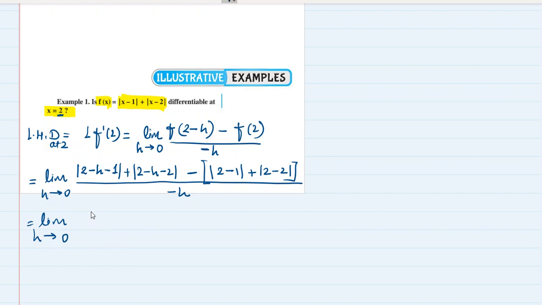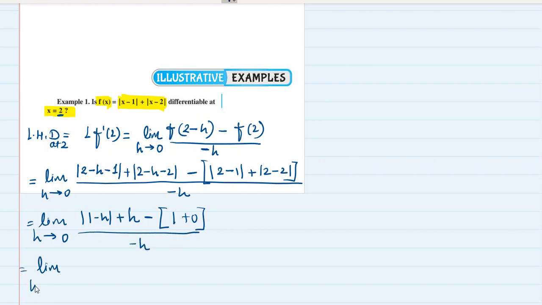Okay, this will become 2 minus 1, that is 1, mod of 1 minus h, plus 2 minus 2 is 0, and mod of minus h is nothing but plus h, minus bracket 2 minus 1 is 1 and mod of 1 is 1 plus 0, bracket close, upon minus h.